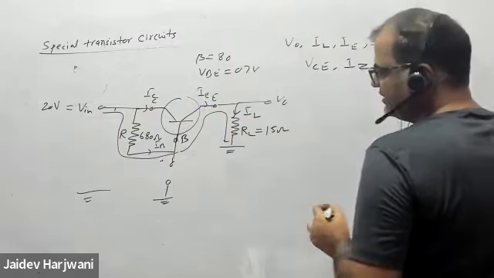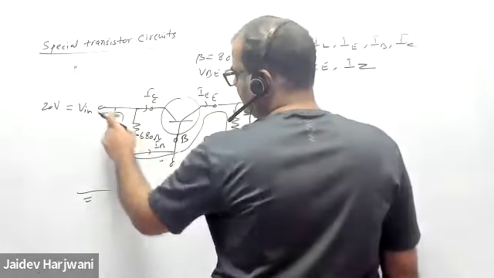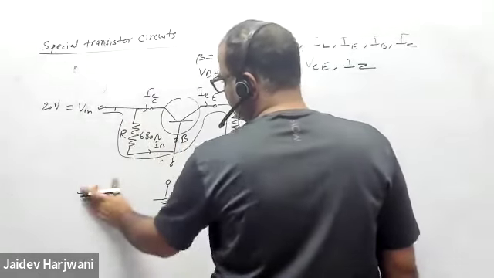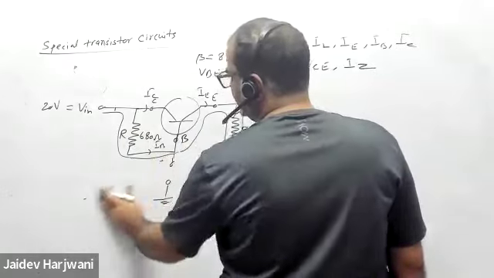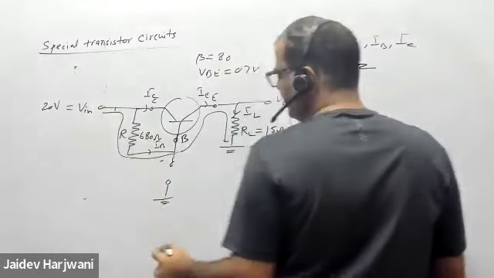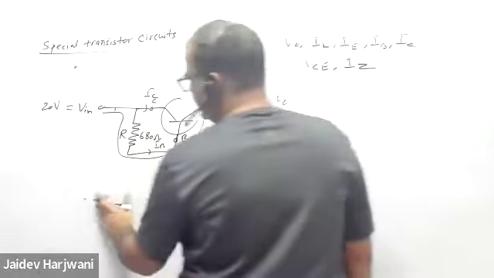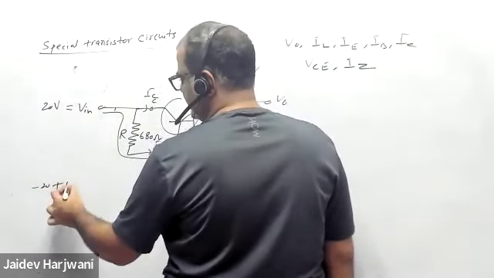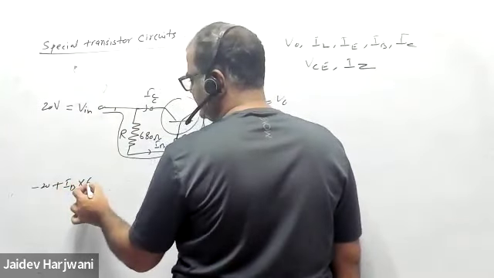So first let us find what the voltage VB is, which is VZ. So now you have to find the value of IB. What is the value of IB? IB means minus 20 plus IB into 680 ohm.